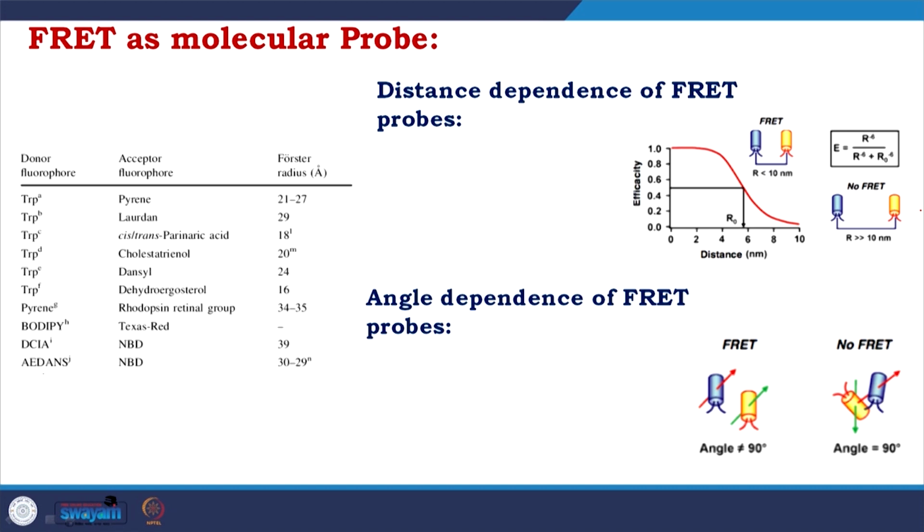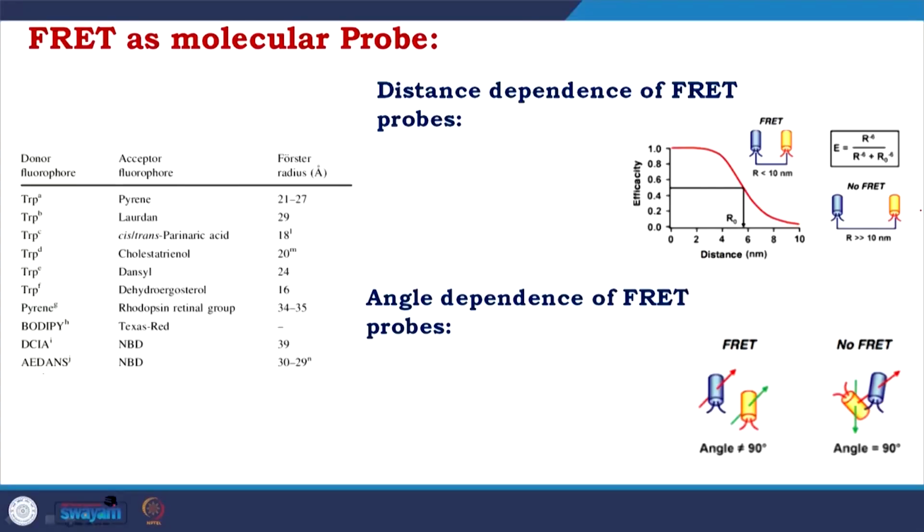More interestingly, in some of the pairs, people have found that when there is a change in the angle, at 90 degrees there is no FRET. So, we know the distance dependence of FRET, but new research is also upcoming on the angle dependence of FRET.